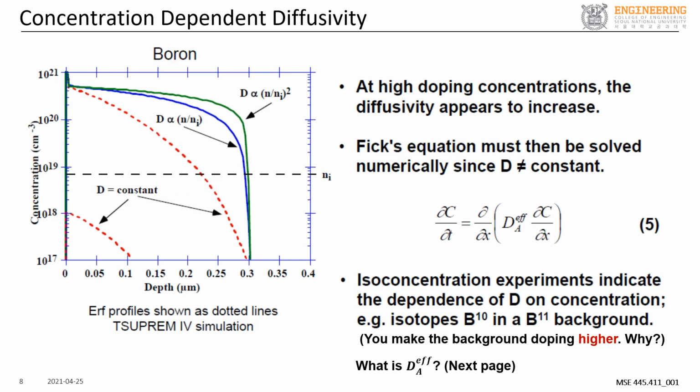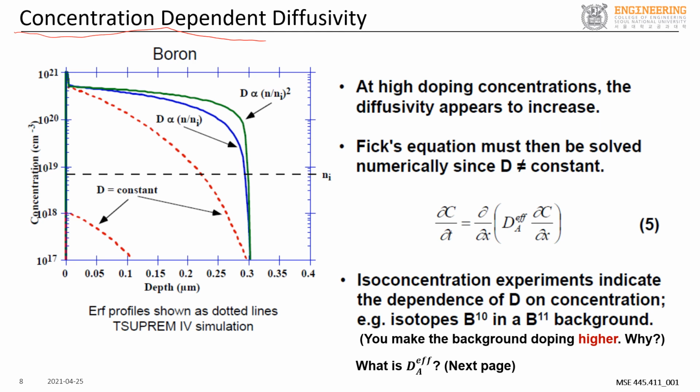And another macroscopic secondary effect is concentration dependent diffusivity. What's shown here is the boron concentration after diffusion.